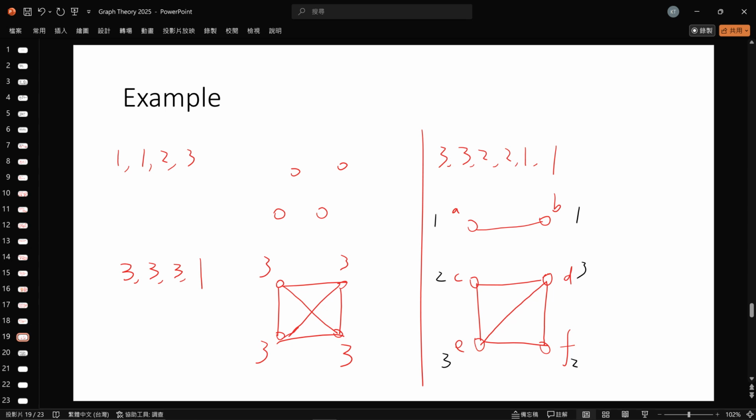Yeah, there are some simple checks like the total degree cannot be odd, and the maximum degree cannot be greater than n minus 1. The sum cannot exceed the combination, n choose 2.